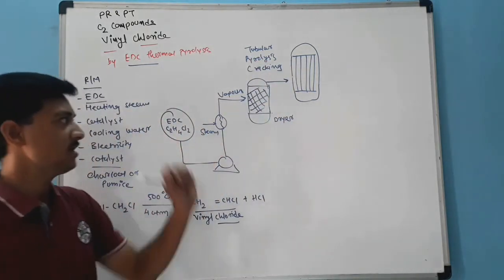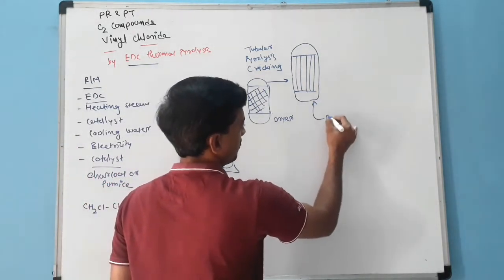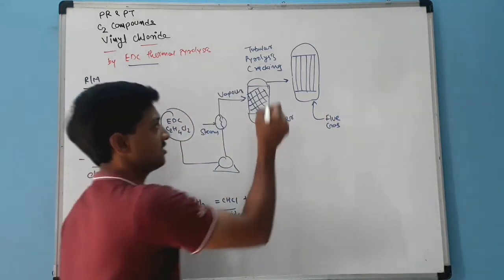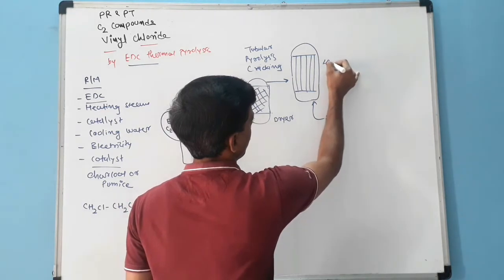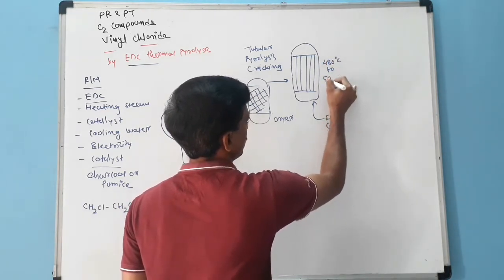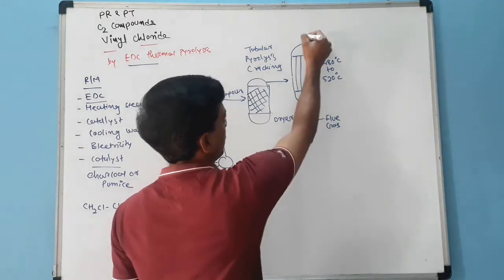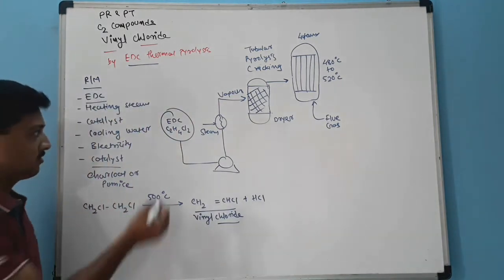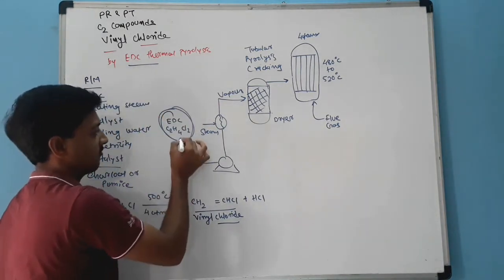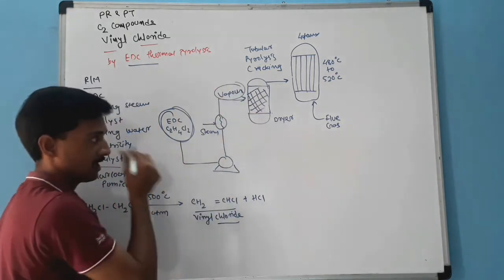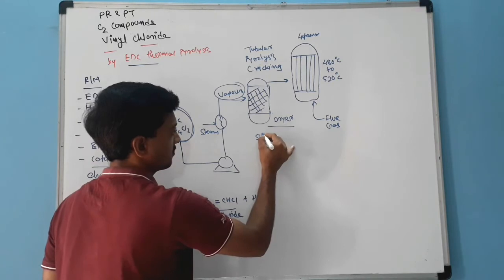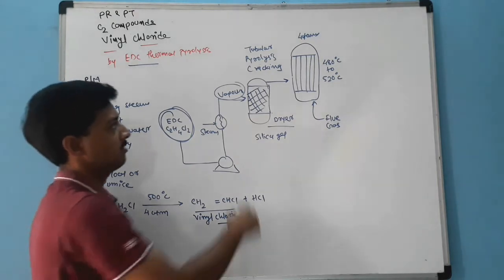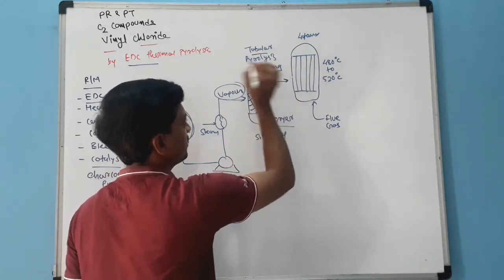Cracking. Here it is externally flue gas fired and the temperature is around 480 to 520 degrees Celsius at around 4 atm pressure. So first EDC is formed as vapor, then dried by silica gel and sent to the tubular pyrolysis cracking unit.